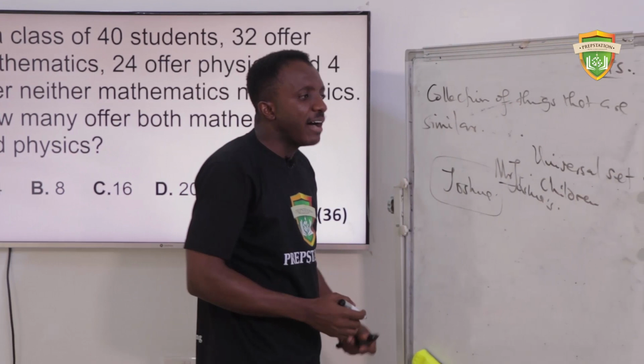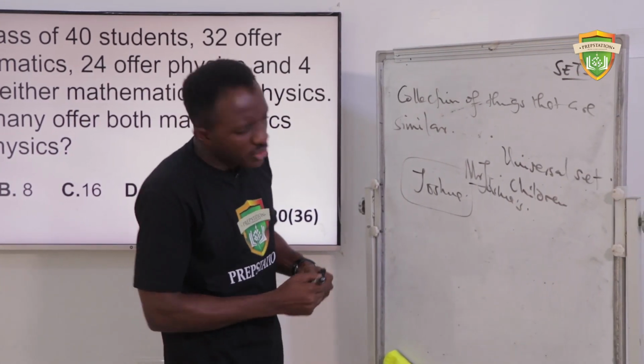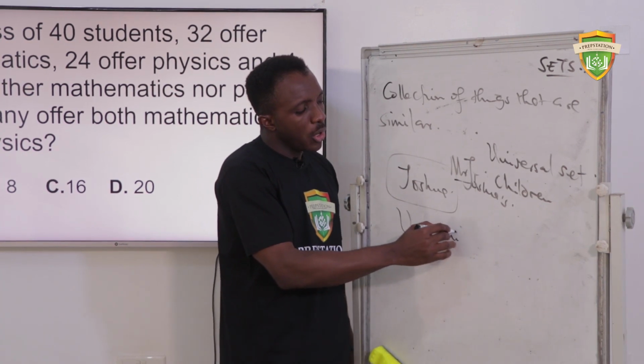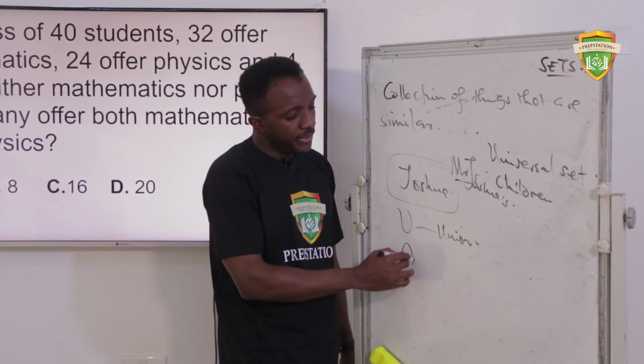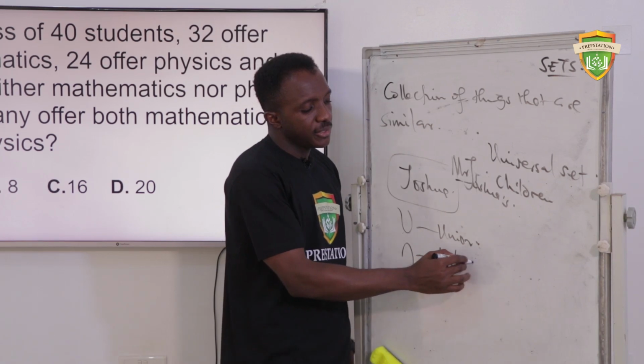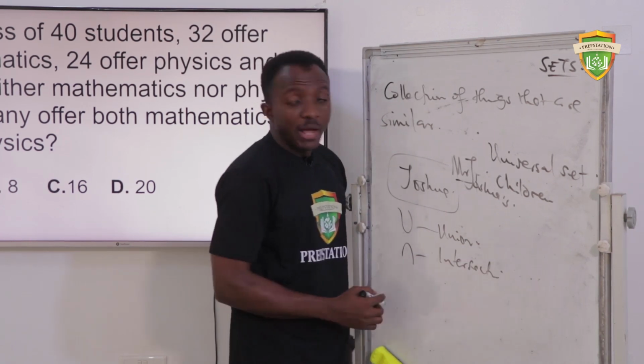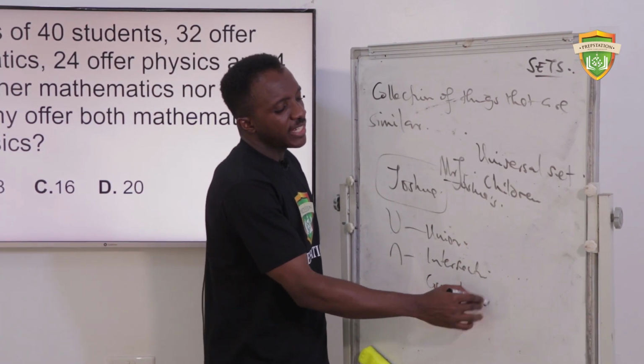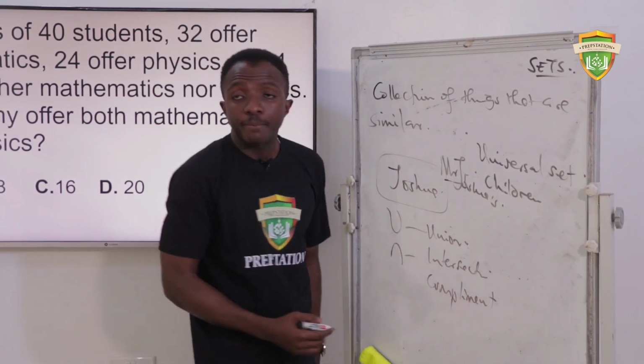So that's what we have for set. There are some things we need to take note of. Set operators: this is called union. This is intersection. There's also one we call complement. I'll explain all of these as we make progress.